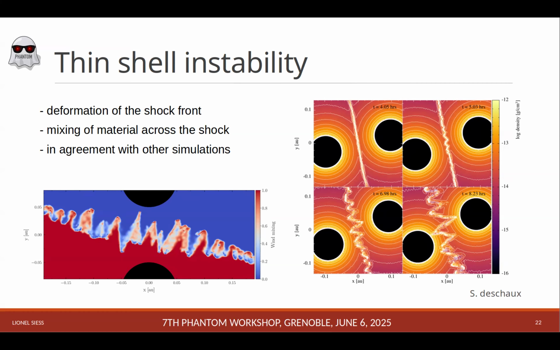Okay. There's one thing that we could not find, and that may be related to the kernel, is that depending also on the wind velocity, because here it's a simple case where the two winds have the same velocity, but if one wind is faster than the other one, it will bend the shock, and eventually the flow that goes along the shock can generate some Kelvin-Helmholtz instabilities on top of, well, if you have the thin-shell instability, it wins.